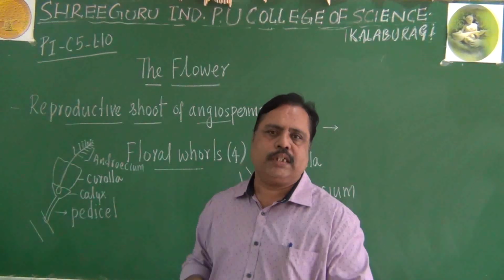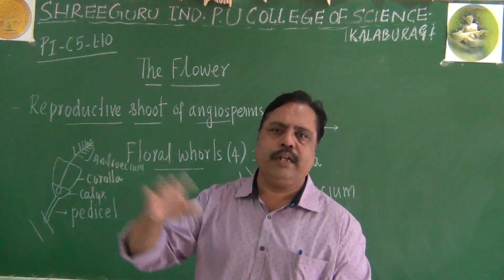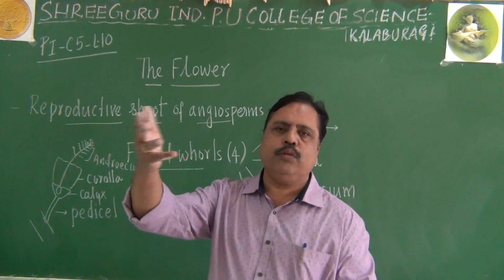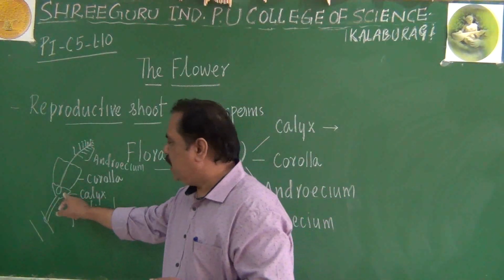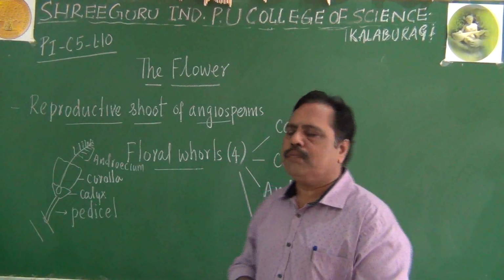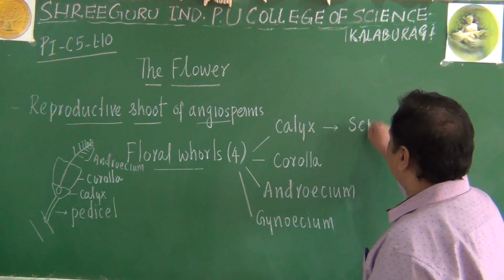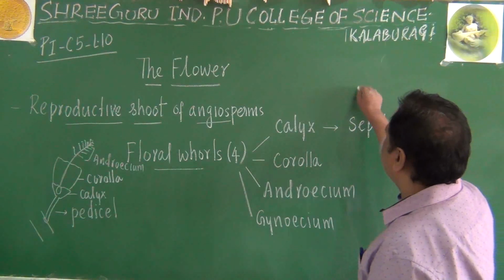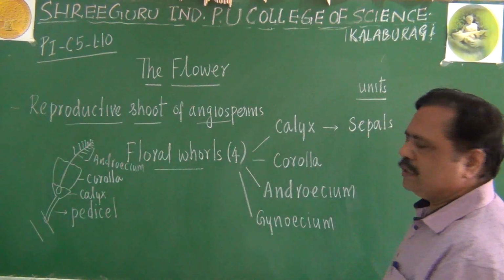As we say, the nephron is the unit of the kidney, the neuron is the unit of the nervous system. Here, the calyx has its own unit. Those units of the calyx are called sepals. Sepals are the units of the calyx.